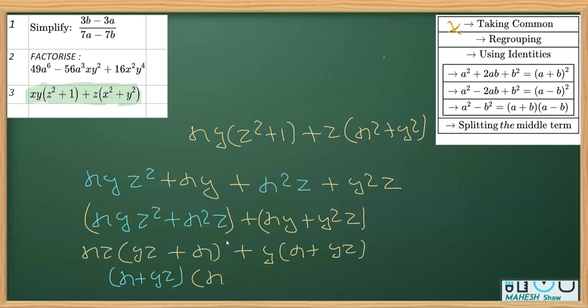Dividing this by x plus yz will be left with xz. And dividing this whole thing by x plus yz will be left with y. So this is z. So this is how the final part of this question, that is the third, can be done. And the method used here for solving is regrouping.